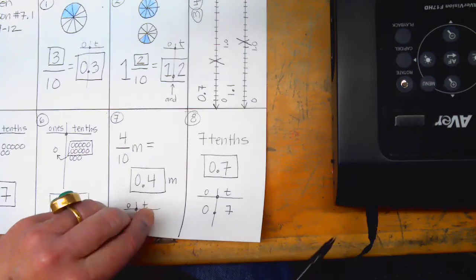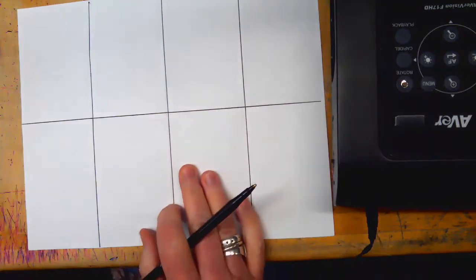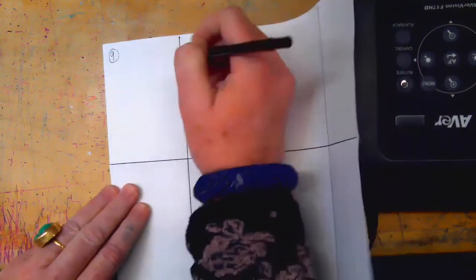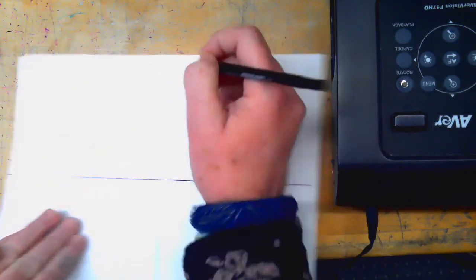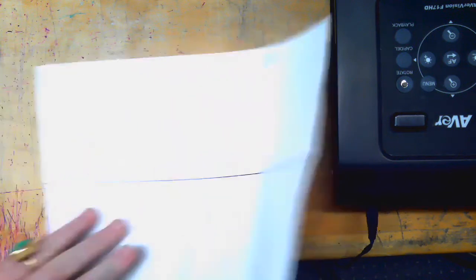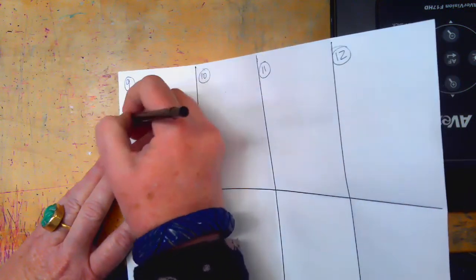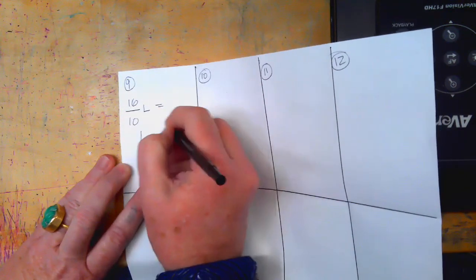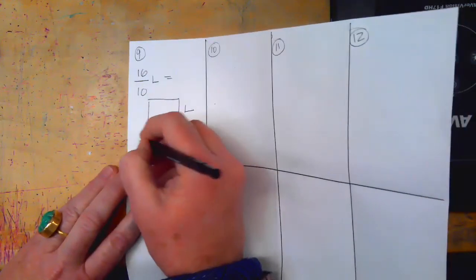Okay, let's look at number 9. Number 9's a bit of a trickster again. We'll do 10 over here, we'll do 11 over here, and we'll do 12 over here, okay? So if we're looking at number 9, it's showing us 16/10 of a liter, and it says, what's the decimal version of that? So I'm going to draw myself a little chart.